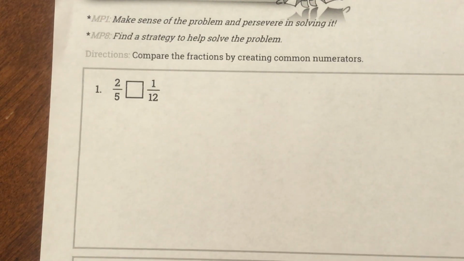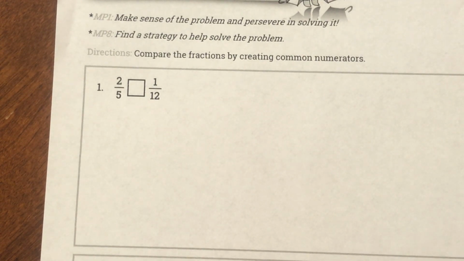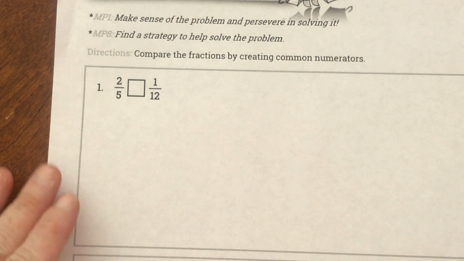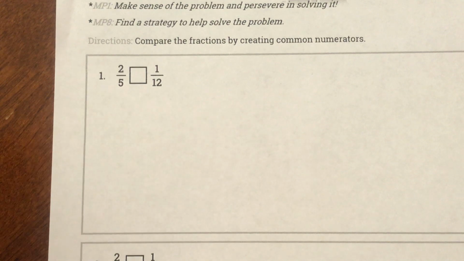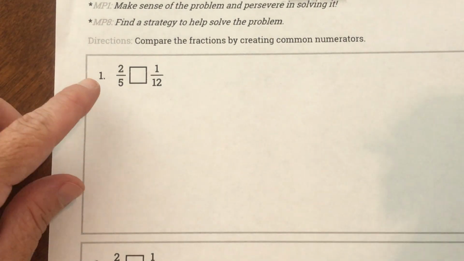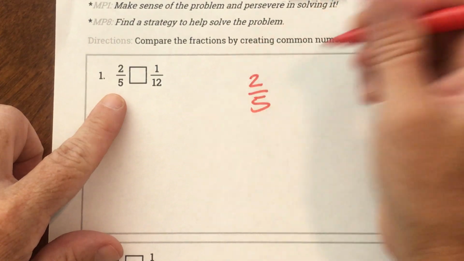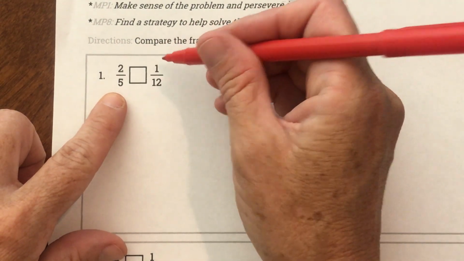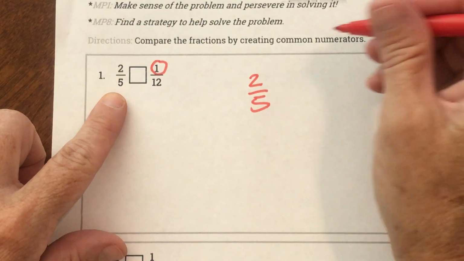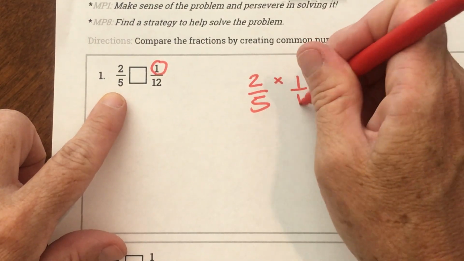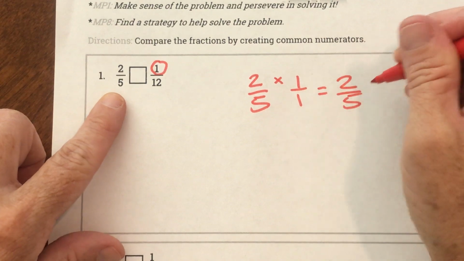Okay, so here's my first problem, and it says 2/5 compared to 1/12. Now it's really hard to compare those unless I was to draw models or draw number lines. So another way we can compare them is by making them have common numerators. So for 2/5, I'm going to look at the opposite numerator, which is 1. So I'm just going to multiply by 1 over 1, which will not change it at all.